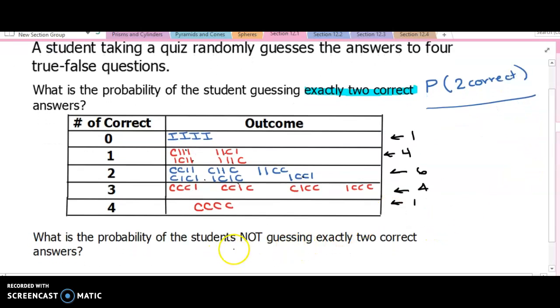So what is the probability that they have exactly 2 correct answers? Well, there's 6 ways we could have 2 correct, so it'd be 6 out of, and if we add all these up, 1 plus 4 is 5, 5 plus 6 is 11, 15, 16, 6 out of 16, which is 3 out of 8.